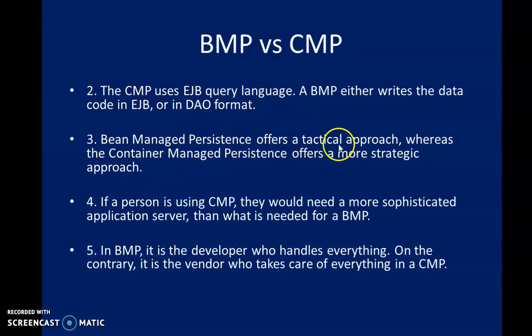Bean managed persistence is a tactical approach, and CMP is a more strategic approach. In CMP, they need a server, but in BMP, it is the developer who handles everything. So BMP is handled by the developer, and in CMP everything is handled by the container. They need a separate server for that.